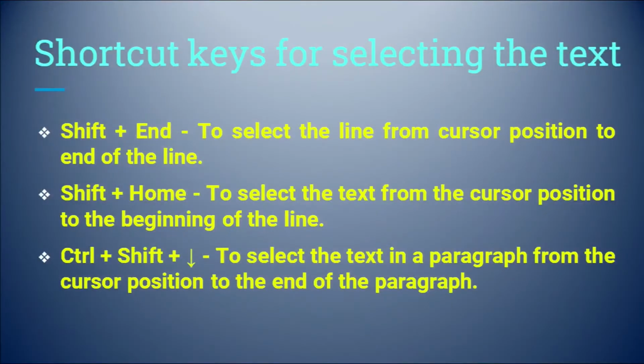Now there are some shortcut keys that we can use if we are going to select some of the text within the document. For example, we have written 2-3 pages of content within this OpenOffice document, and we want to replace some of that, or we want to copy some of that text from what we have already written in the document.